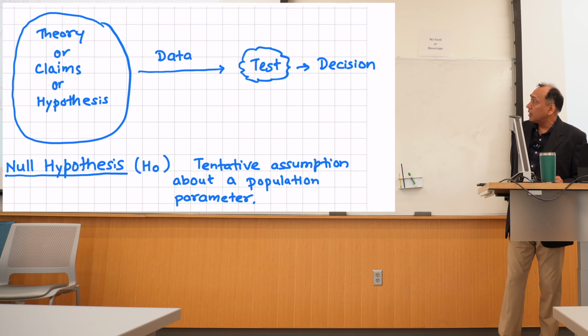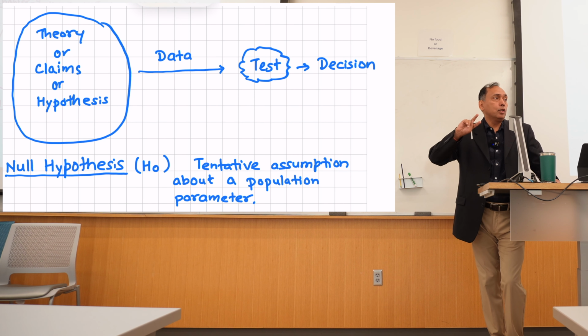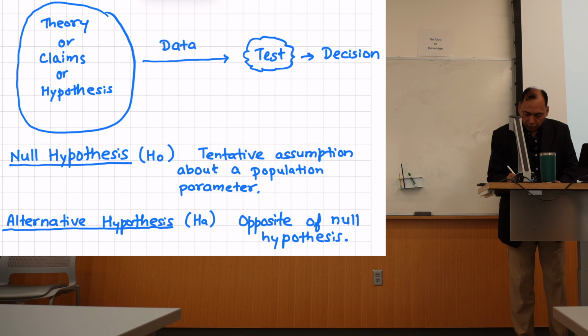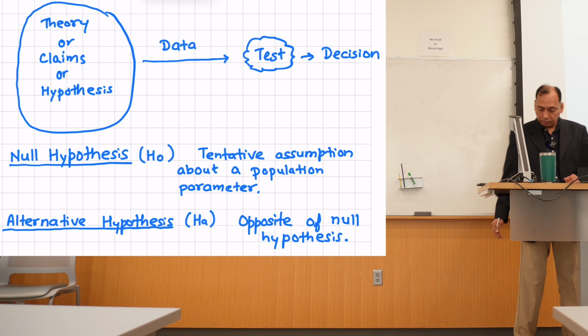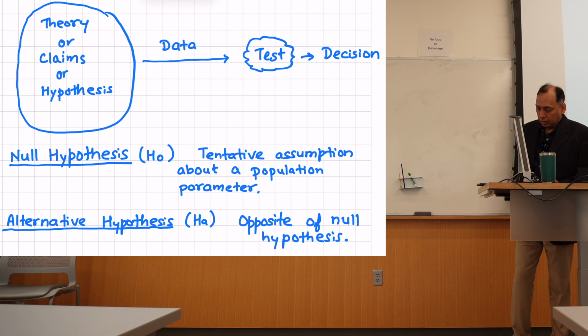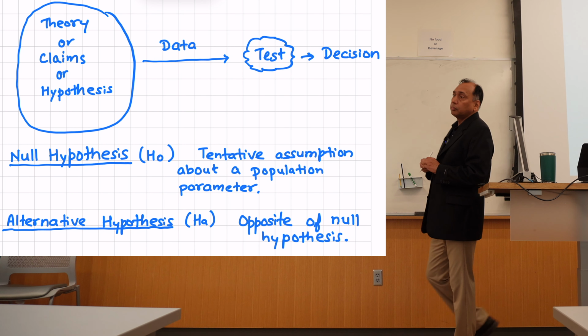When we do hypothesis testing, there are always two sides. One is null and the other is the alternative hypothesis, which we represent using HA. So what is the alternative hypothesis? It is simply the opposite of the null hypothesis.